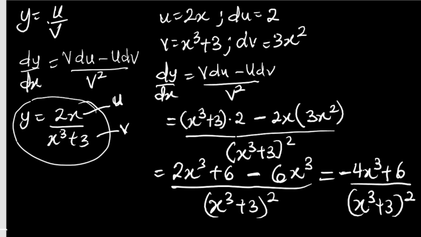I hope you understand. I hope you've been able to identify how we can apply the quotient rule. So now, let's say we're given d over dx of x divided by cos x.